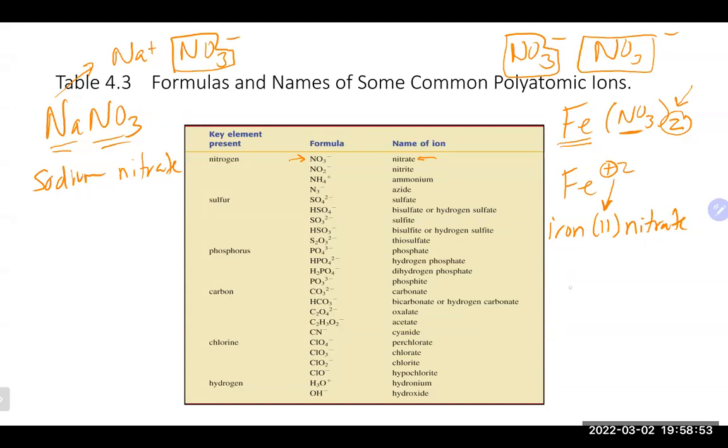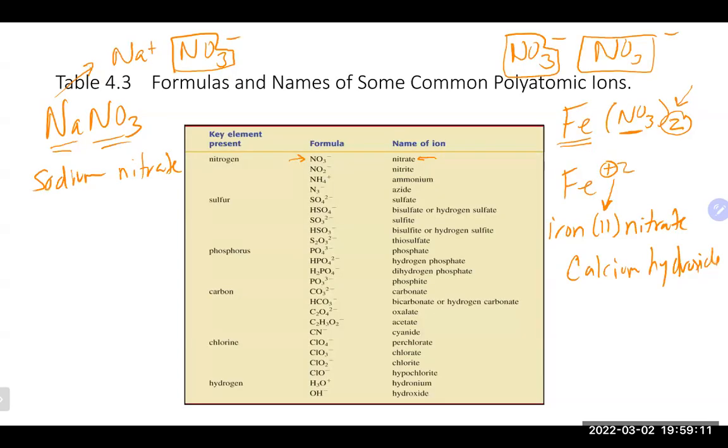So if we had, say, something like calcium hydroxide, and we wanted to write the formula, we would approach it the same way as we normally do. Calcium is group 2, which is a +2.